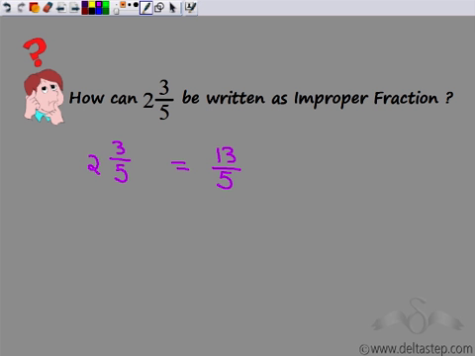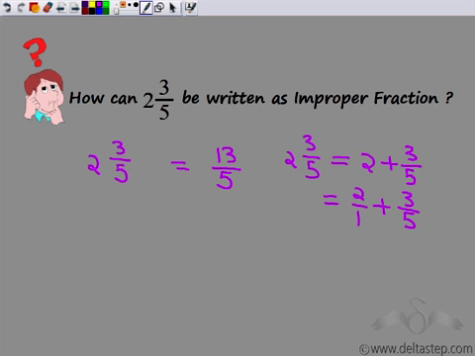Another way is, you see 2, 3 by 5. Look at it as 2 plus 3 by 5. If this is 2 plus 3 by 5, then you can simply add this. 2 by 1 plus 3 by 5.